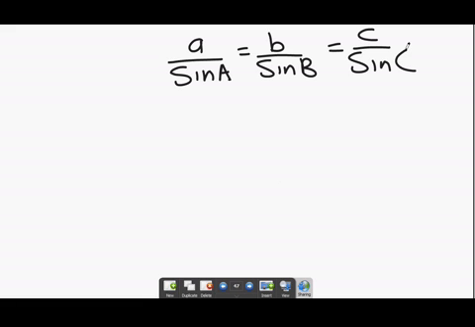For instance, if I want to use the sine rule, let's have a quick analysis of the formula.